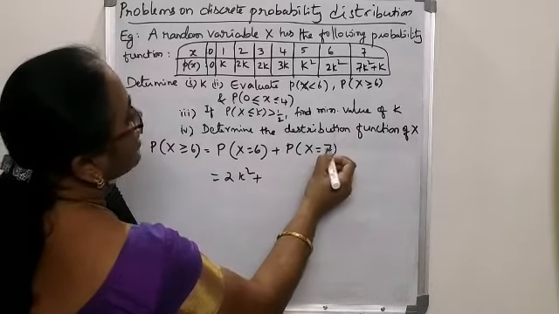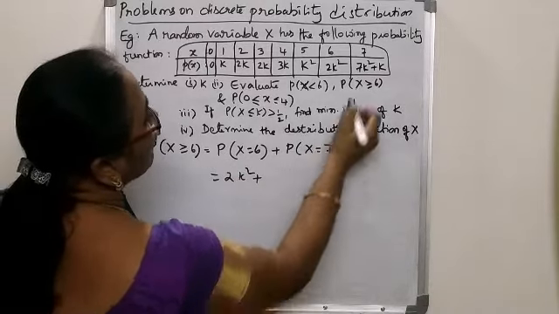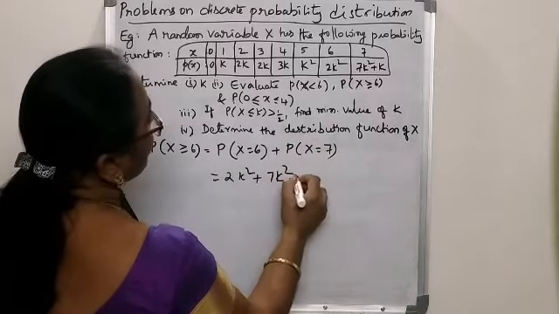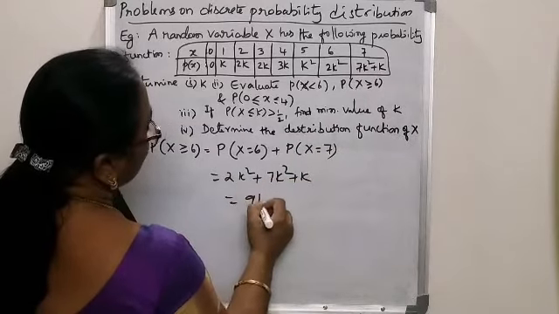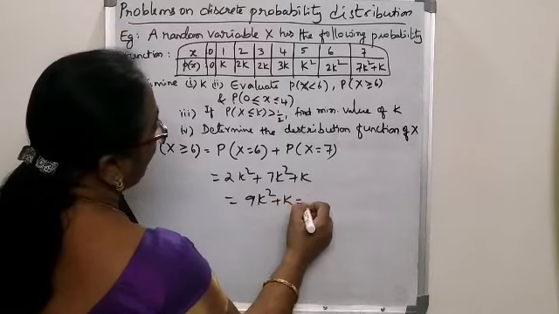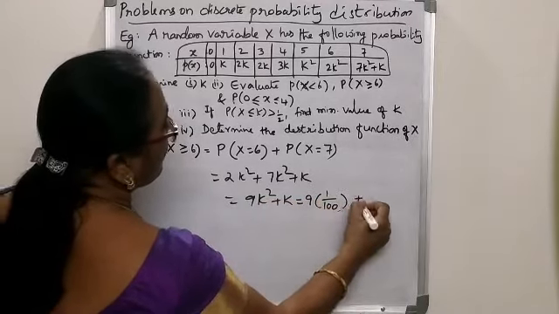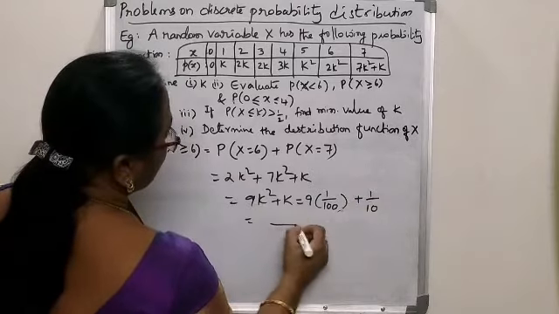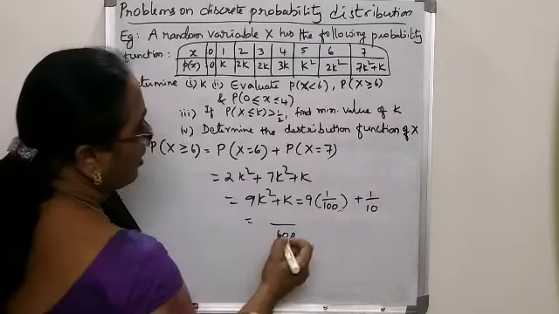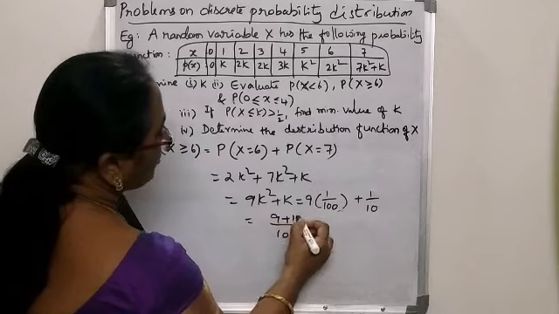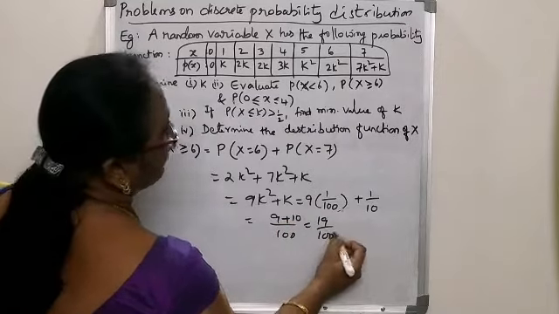For x equal to 7 we have 7k square plus k. It is 9 into k square plus k, it is 9 into 1 by 10 the whole square plus k. So we have LCM 100. It is 9 plus 10, 19 by 100.